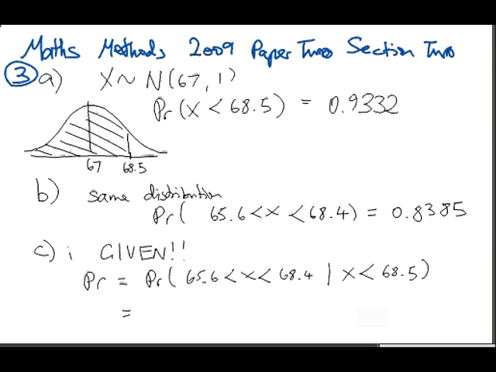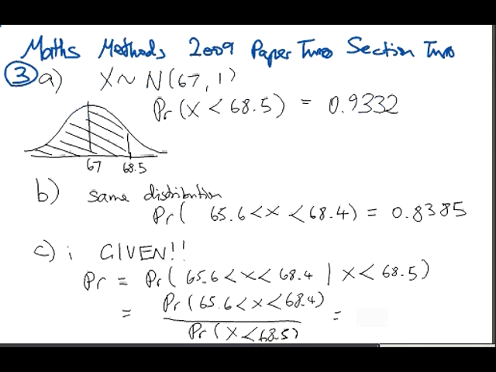So that's the probability of x between 65.6 and 68.4 over the probability of x smaller than 68.5. You know both of those already. Be very careful though. Don't use just 4 decimal places.